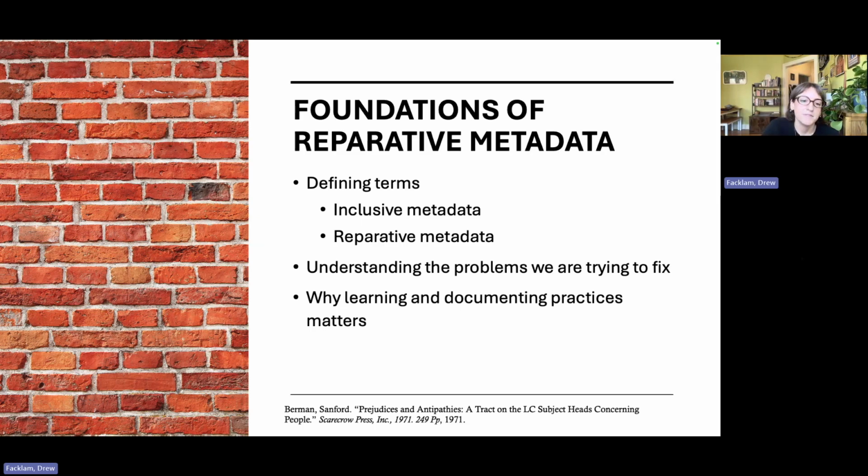Why is learning about this and creating institutional documentation important? It matters for your users because inclusive and reparative metadata is more accurate. Historical description often contains bias, which is antithetical to the mission of appropriate descriptive practice. It also causes less harm.